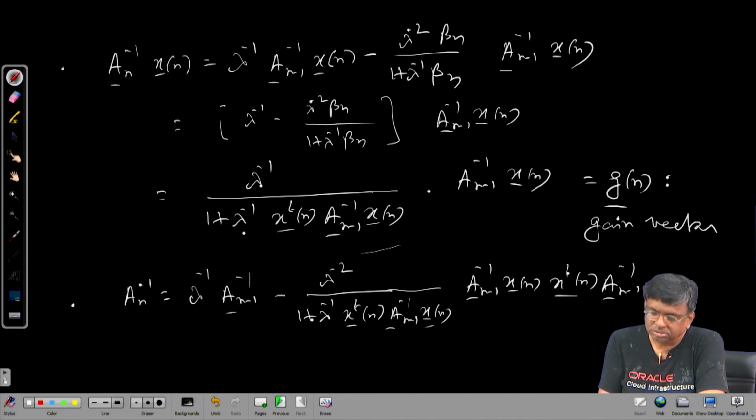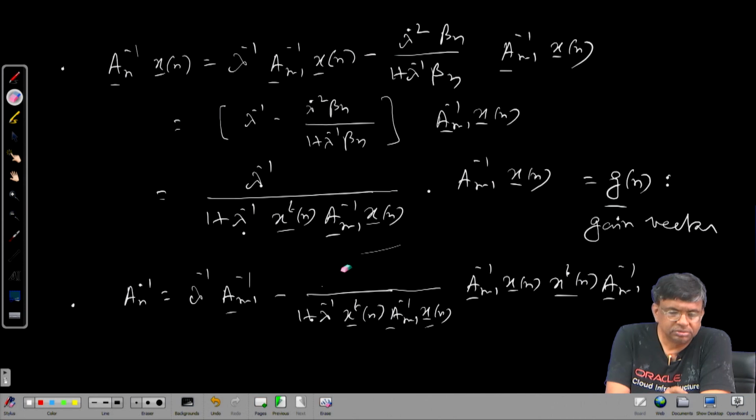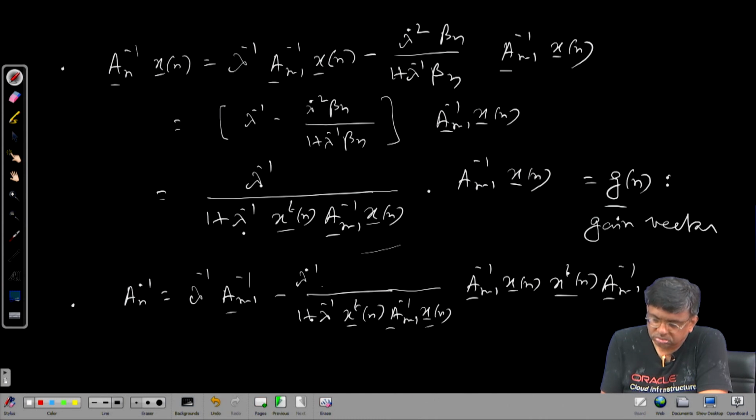So, this part, if I write like this, into lambda inverse. So, this entire part is lambda inverse by this into this much.